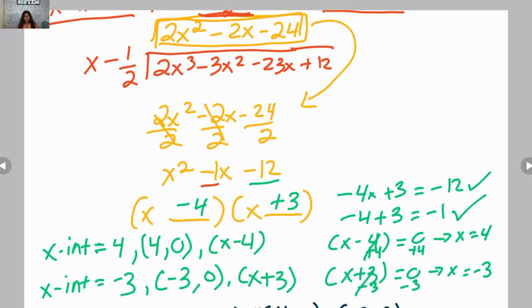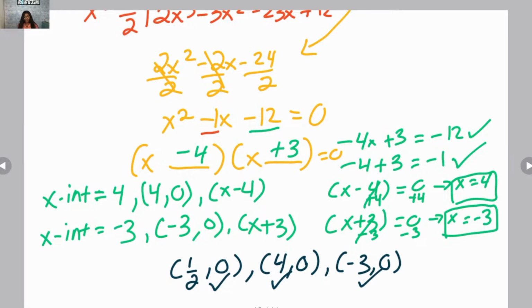To find that, we needed to factor and set that equal to 0. When we factored, we found that x is equal to 4, because x minus 4 equals 0 made x equals 4, and x plus 3 equals 0 made x equals negative 3. So that means all of our x-intercepts were 1/2, 4, and negative 3.